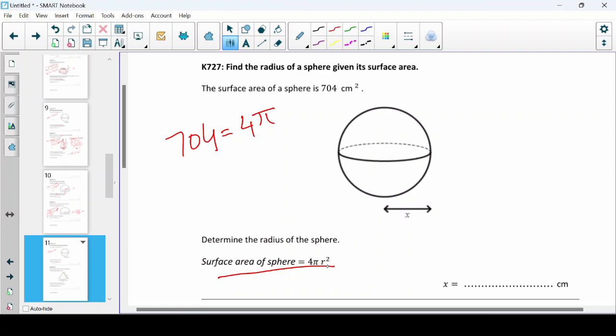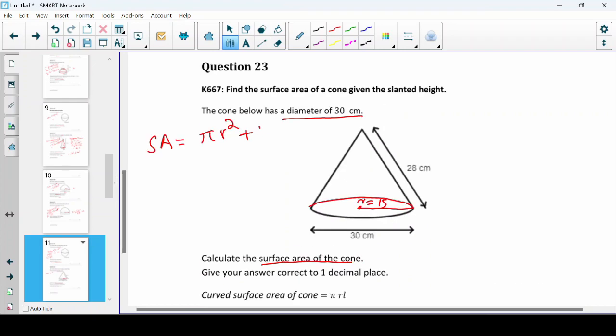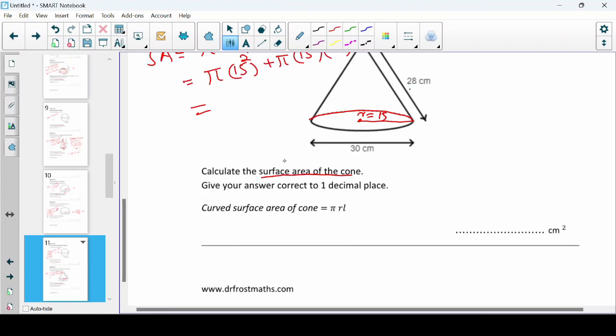For the surface area of a cone, we have the formula pi r squared plus pi r l, so pi times 15 squared plus pi times 15 times 28. By solving this, we should be able to find the answer for this question as well.